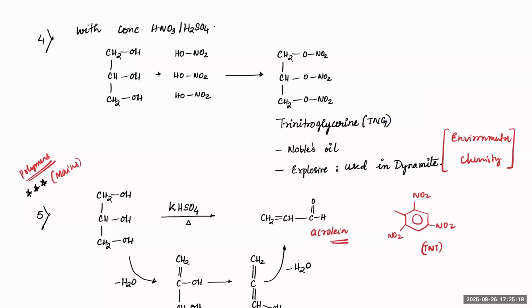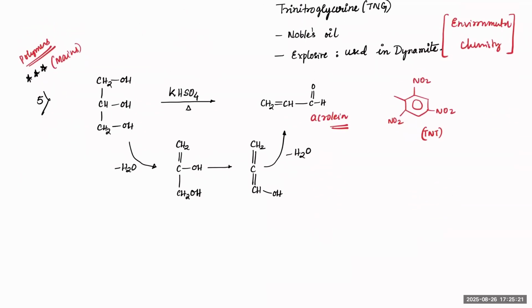Next. This used to be asked in polymers in mains, but now polymers is not there in the syllabus. But it can be asked as a reaction of the alcohols. Glycerol, when you dehydrate in the presence of KHSO4, a dehydrating agent, you'll get allyl alcohol, sorry, vinyl alcohol, which is an enol form.